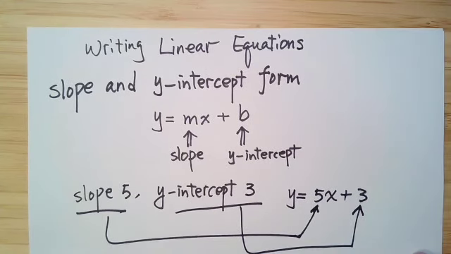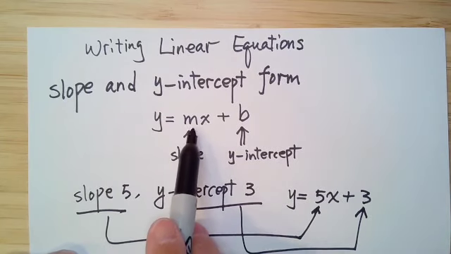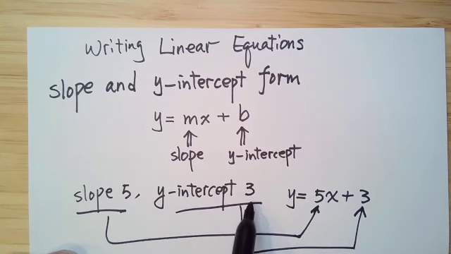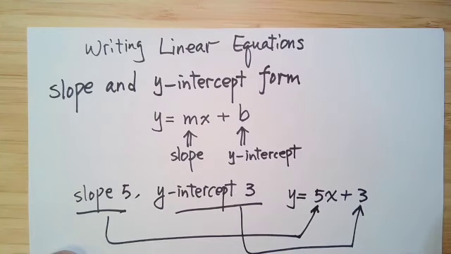So this is the very easy situation if you are given slope and y-intercept. Just simply plug in slope m right in front of x, plug in y-intercept b, and you get the equation. That's the easiest situation. So this is the simple review of the slope and y-intercept form.